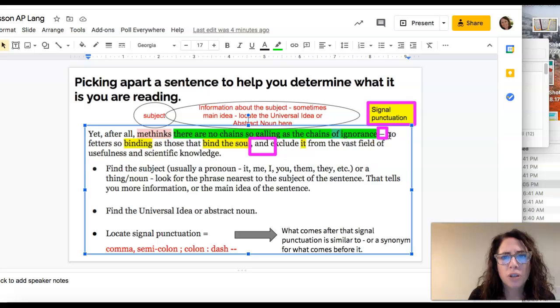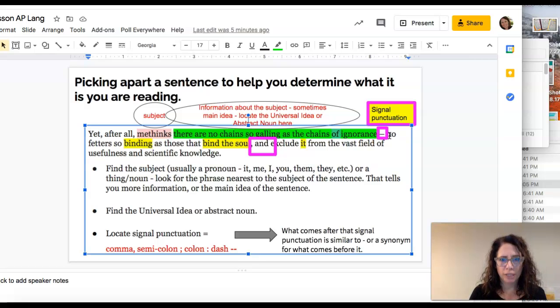So whatever that thing is, we know it's a noun. Nothing so binding as those that bind the soul. So she's saying what with the chains of ignorance? She's giving us more information about binding and how we are bound by the chains of ignorance. And she's giving us more information with binding the soul.